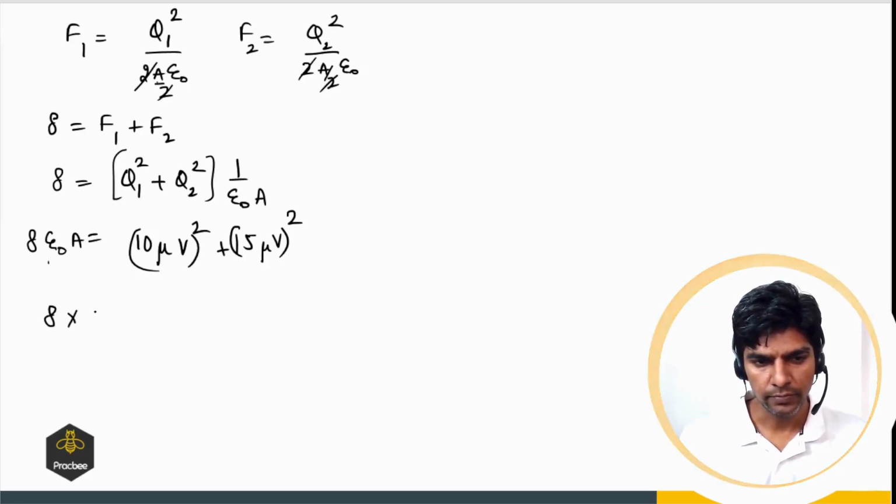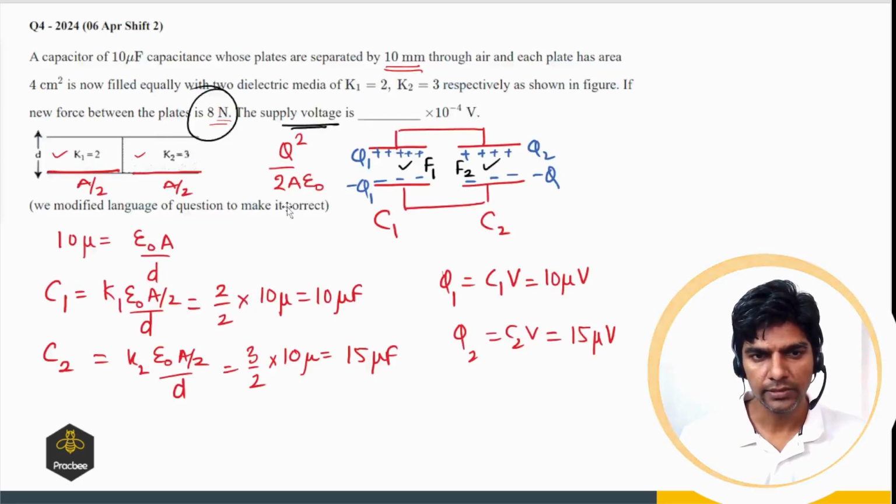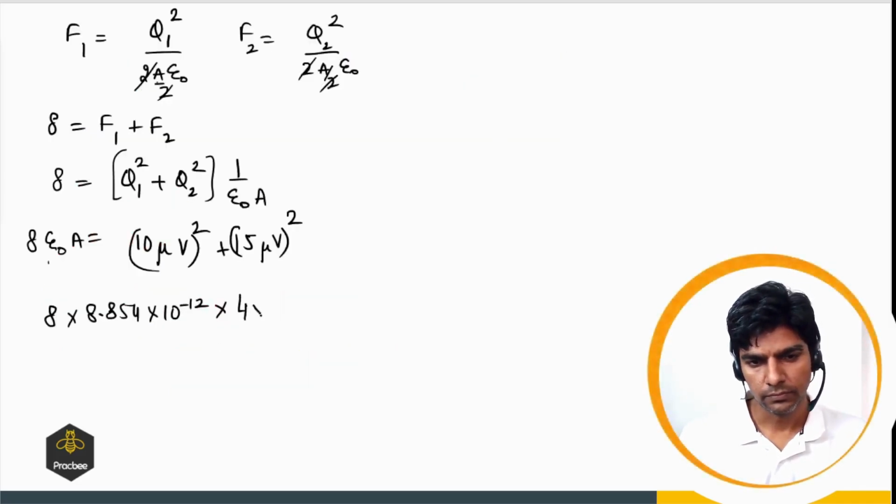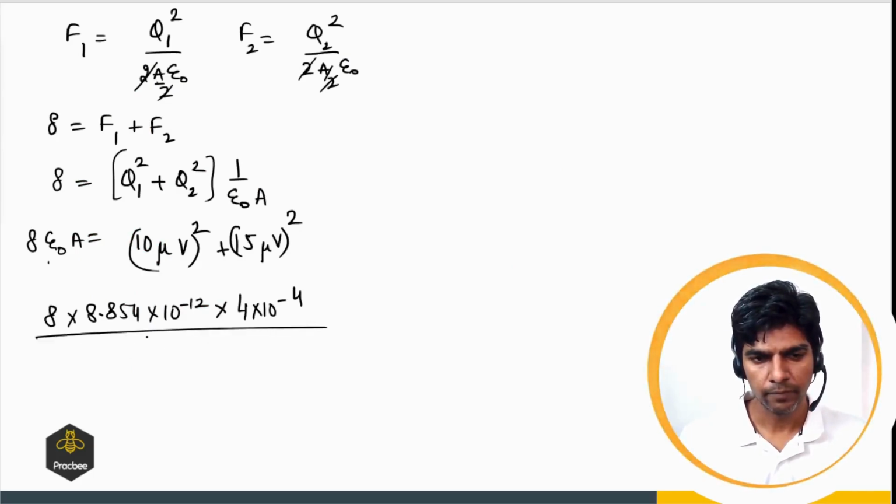So 8 times 8.854 into 10 raised to power minus 12 times area, which is given as 4 square centimeter. So that will be 10 raised to power minus 4 divided by 10 raised to power minus 12, right?